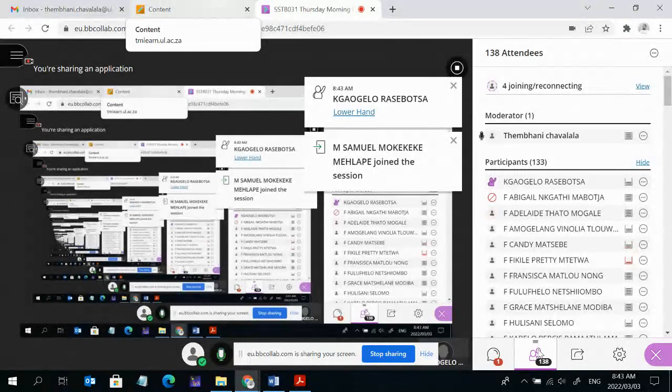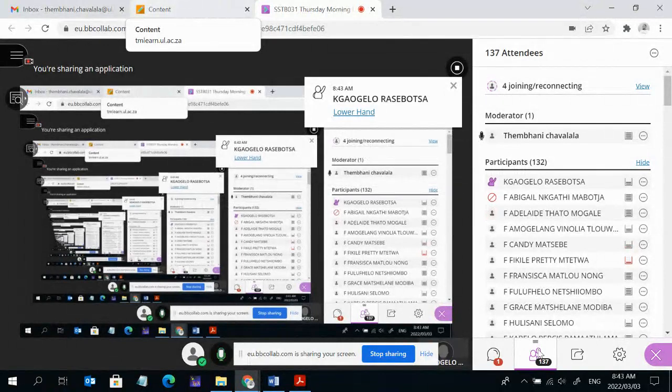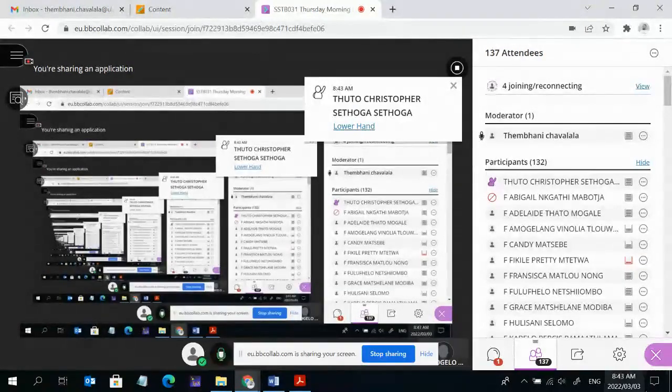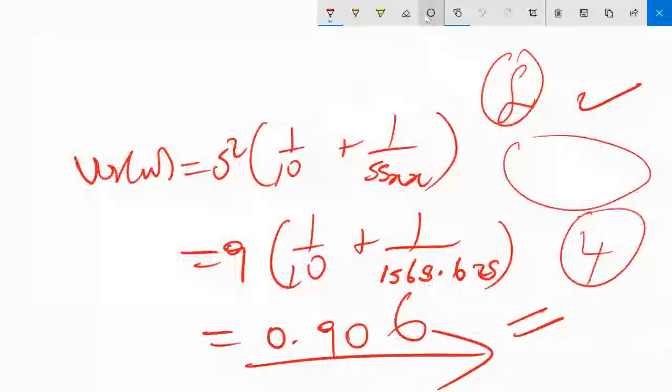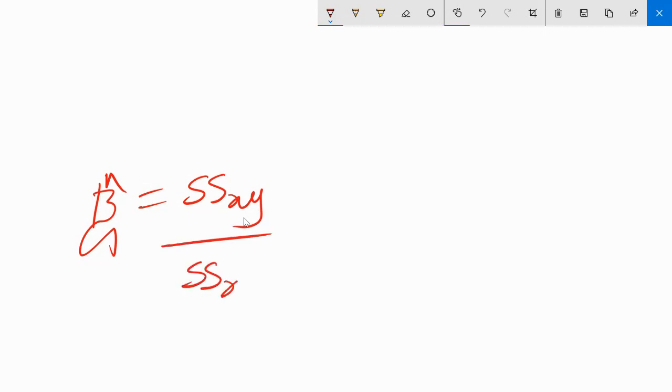It's correct what you're saying. Beta 1 hat is equal to SSXY divided by SSXX. This is correct.